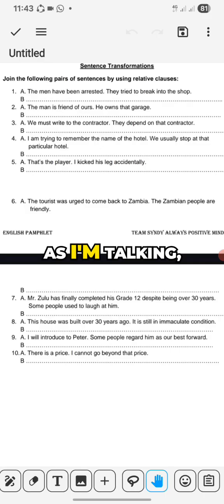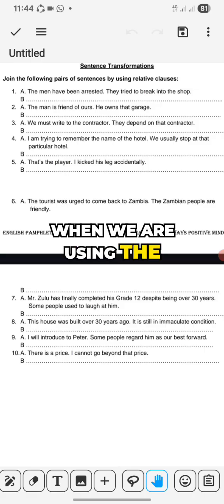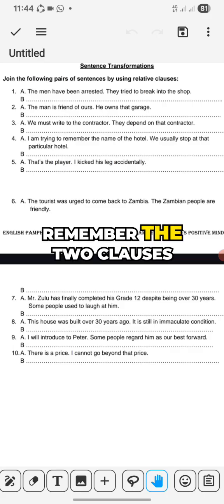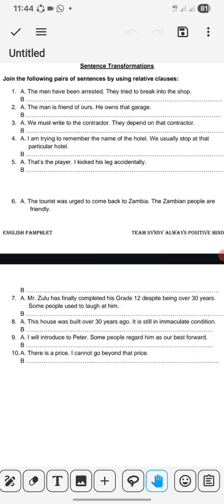Now, when we are using the non-defining relative clause, remember the two clauses need to be separated by the use of a comma. These shoes, comma, then you mention the relative clause. After the relative clause, comma, then you say what you want to say about the subject.